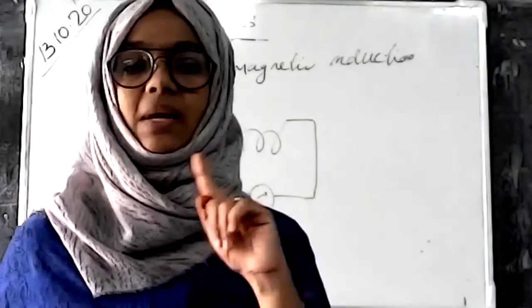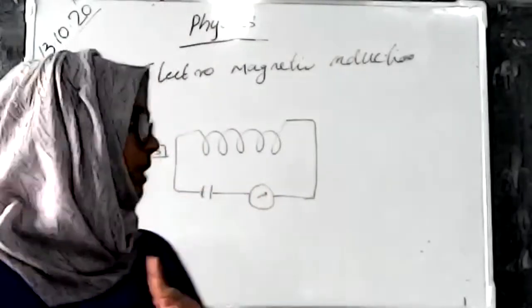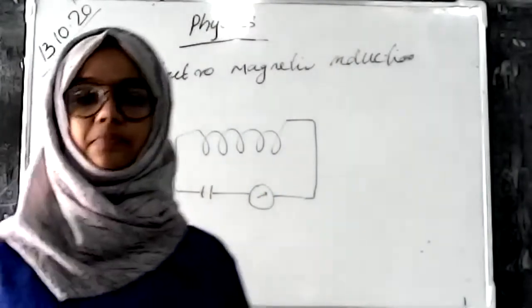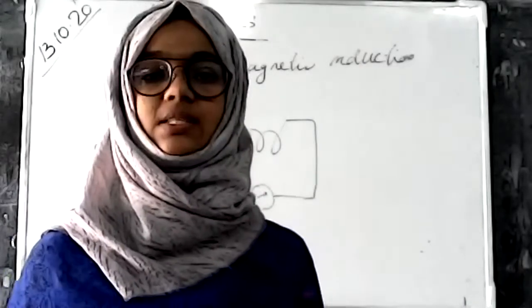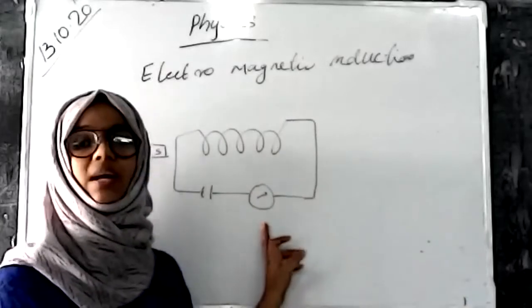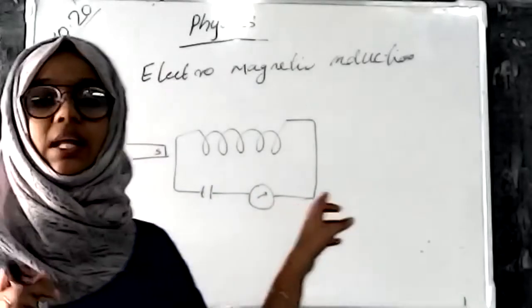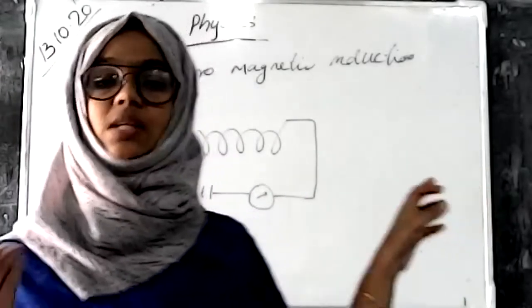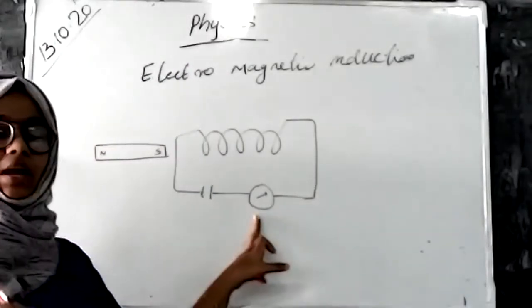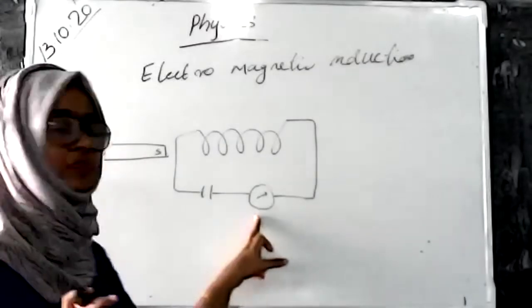The galvanometer has a metallic thread that shows the electricity. If there is electricity in a circuit, the galvanometer shows a deflection, and we can understand that electricity is being produced here. So we are using the galvanometer for that purpose.